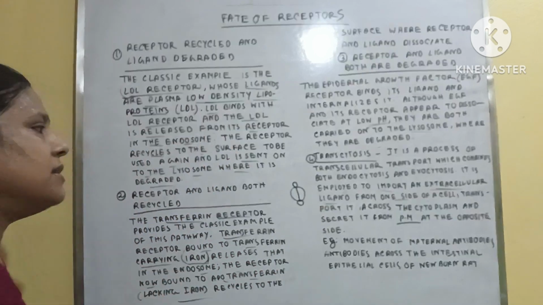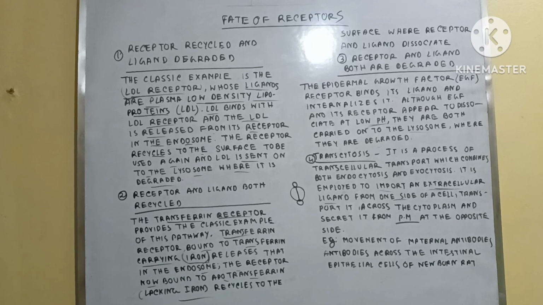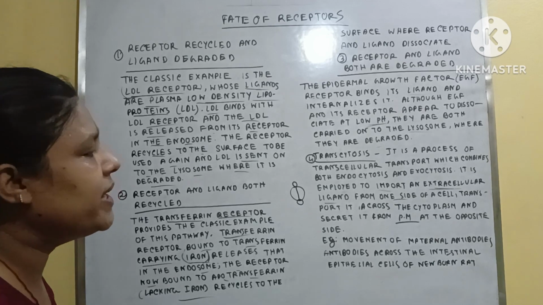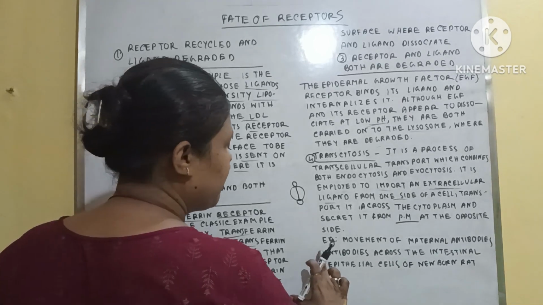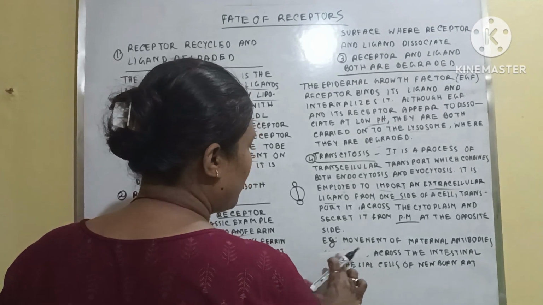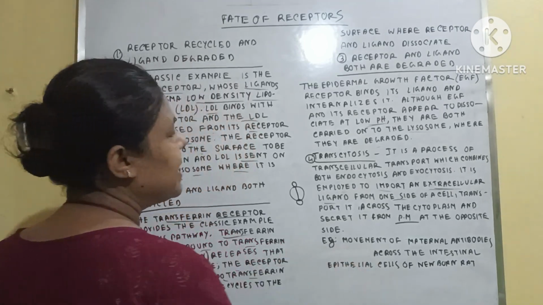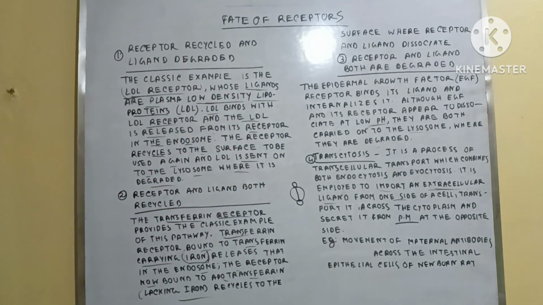Clear? The example is the movement of maternal antibodies across the intestinal epithelial cells of the newborn rat. This is the example.